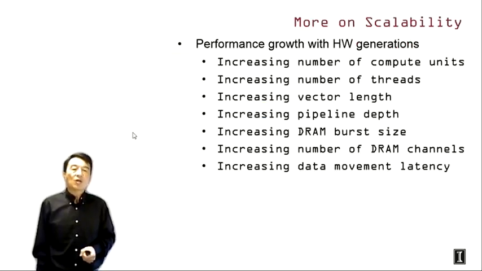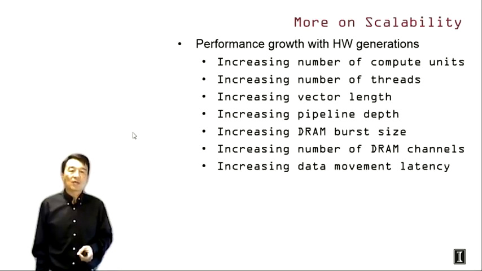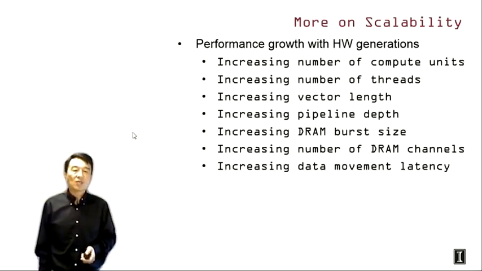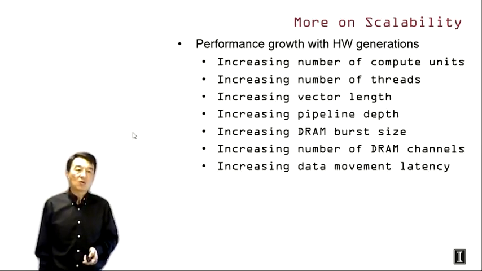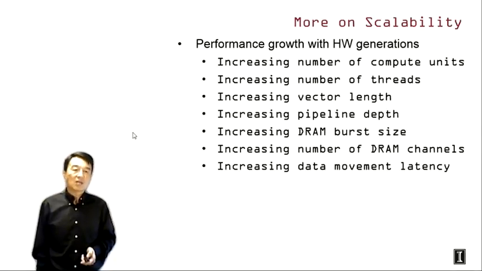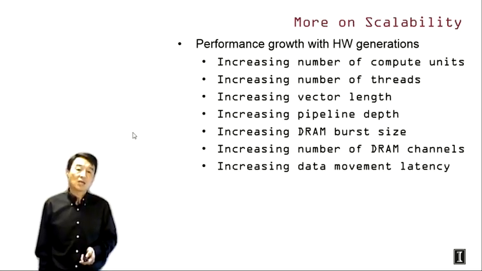In the future, we expect that there will be several generations of hardware where performance will be increased by adjusting many parameters. For example, the number of compute units or cores, the number of threads, the increasing vector length, the increased pipeline depth, increased DRAM burst size, an increased number of DRAM channels, and increasing data movement latency.